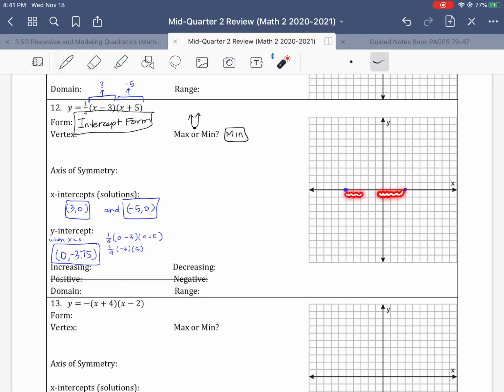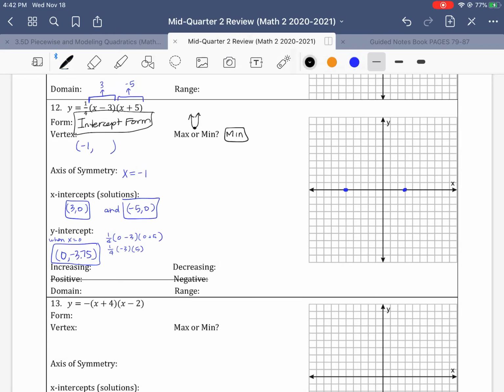So however many units over here and however many units over here, it has to be right in between there. So 1, 2, 3, 4, right? 1, 2, 3, 4. It looks like it would be right here. So your vertex is there at -1. That axis of symmetry has to be right between them. So the axis of symmetry is at -1.